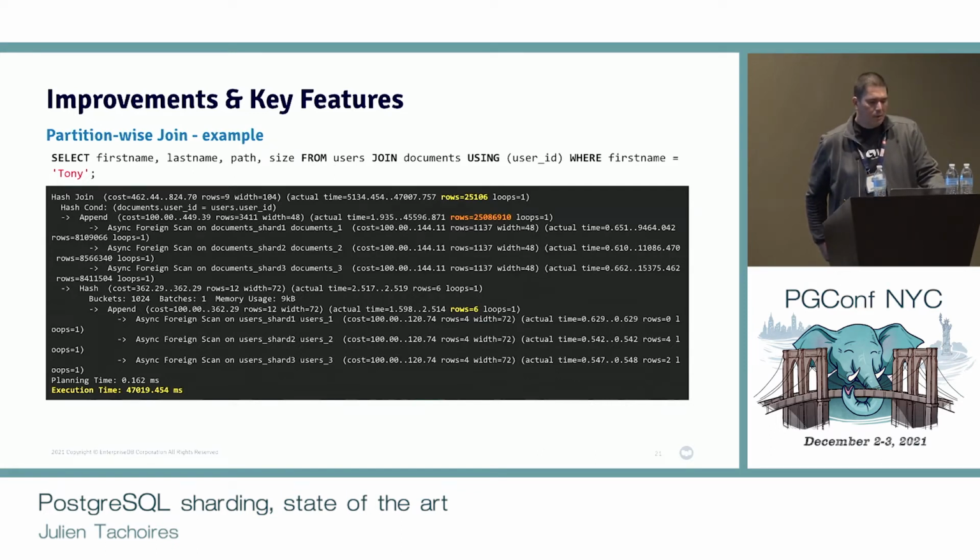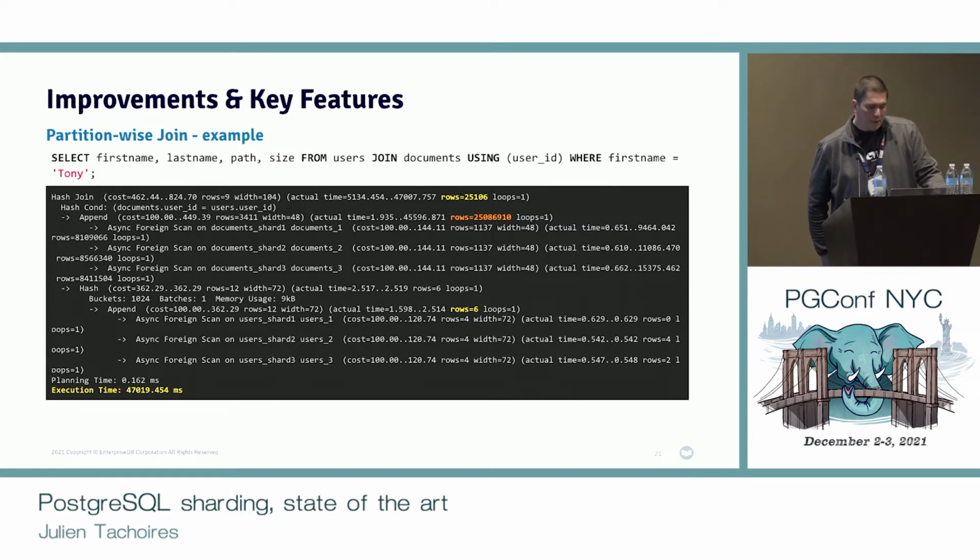So let's take a look at the following example. In this case, we want to list all the documents attached to users with a first name equal to Tony by executing the following query on the coordinator database.